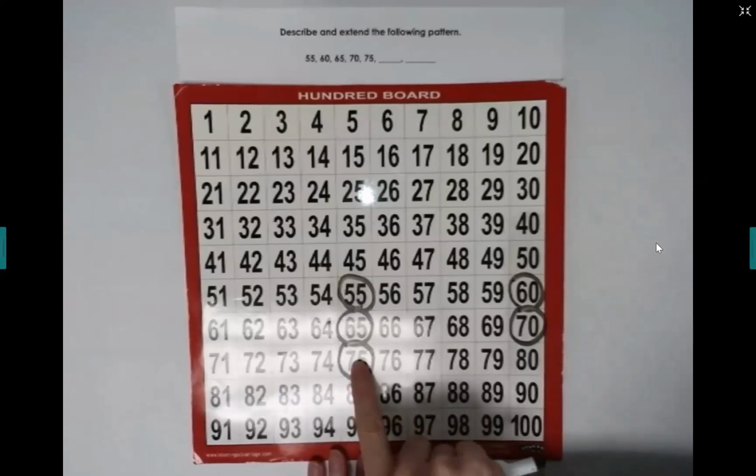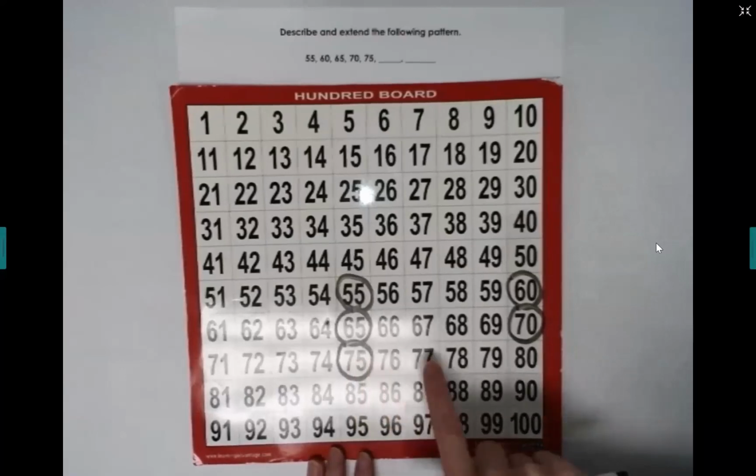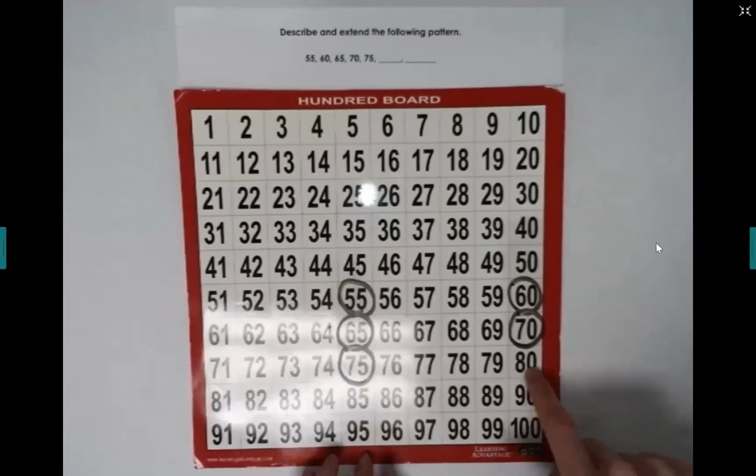Okay. So now that I know that this is a growing pattern that is increasing by 5s, I can extend it and find the next 2 numbers in my pattern by counting on. So I'm going to start at 75 and count on 5 more. 1, 2, 3, 4, 5.